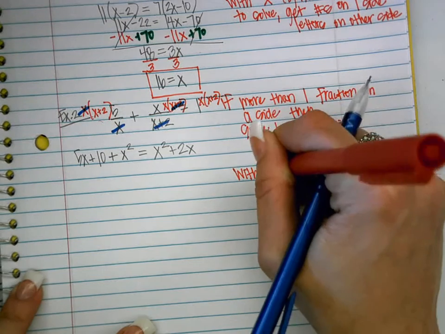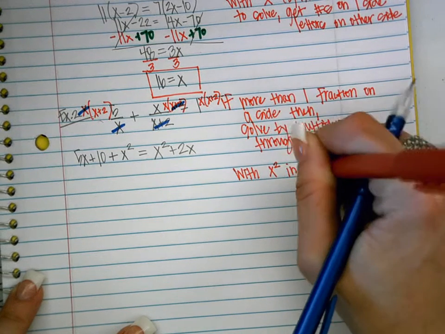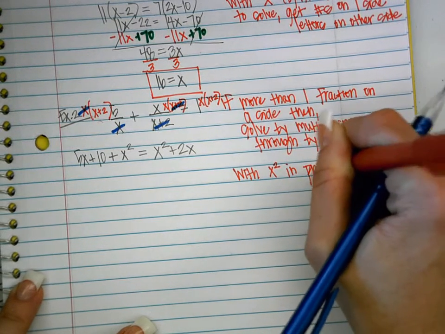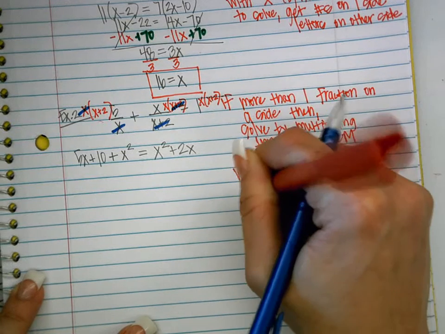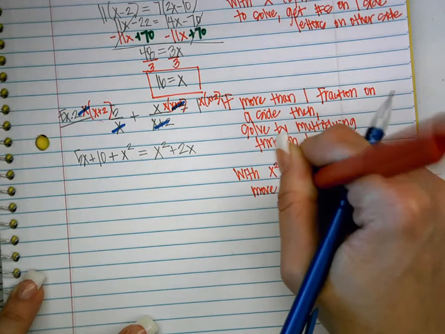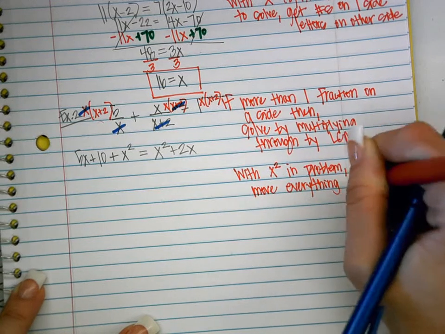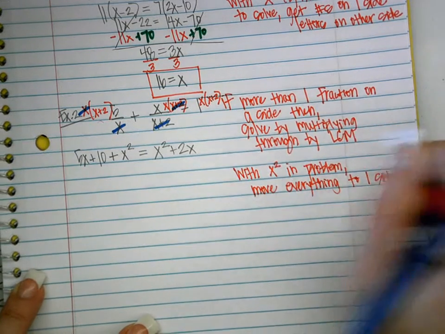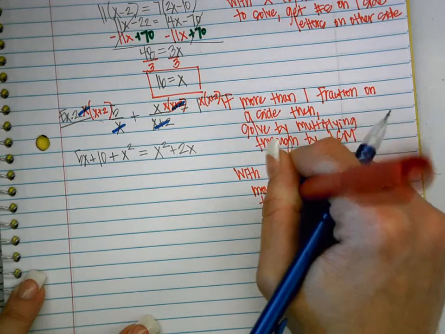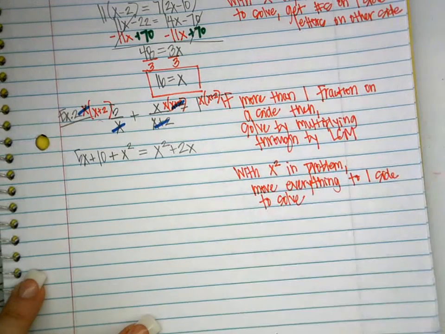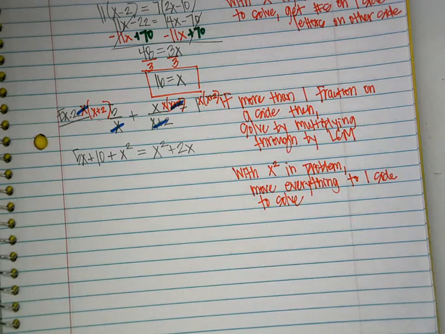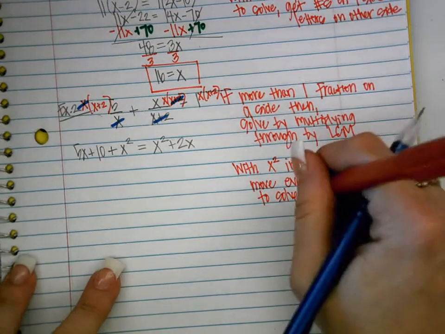Anytime with x squared in the problem, move everything to one side to solve. So if you have an x squared in your problem, you want to move everything to one side to solve. Okay, and you want to set it equal to 0.